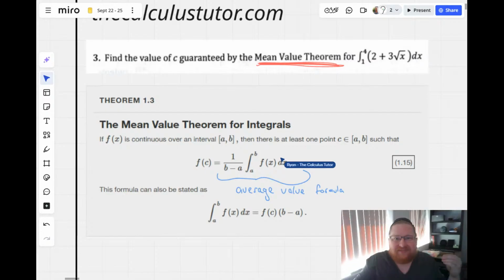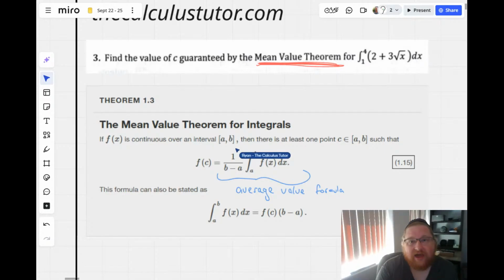It adds together the continuous values of the function from a to b, and that's what a definite integral does. We can conceptualize this as area under the curve, but in more direct mathematical terms, it's a continuous summation, a continuous adding of all those tiny little individual y values. And this is how you add them up. Then you divide by how wide the interval is, and that gives you the average.